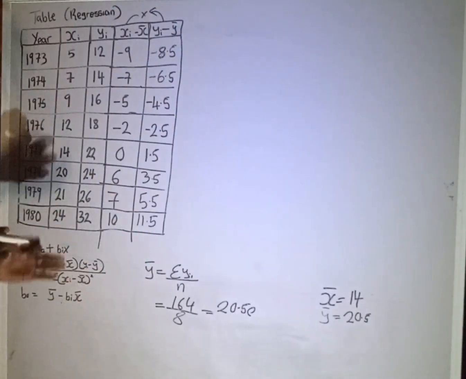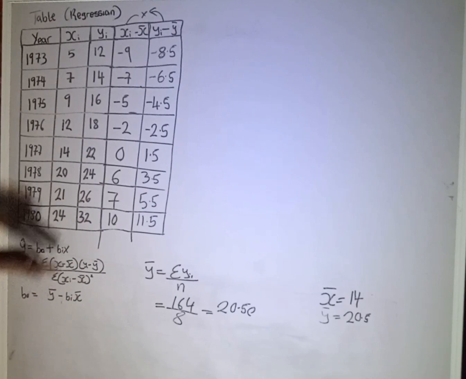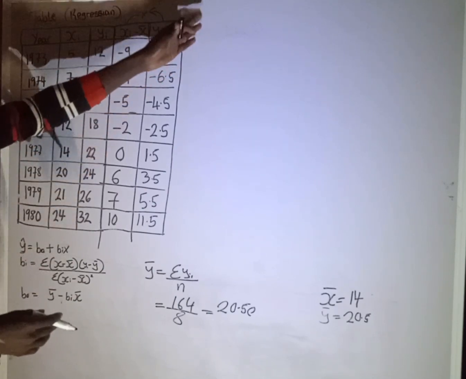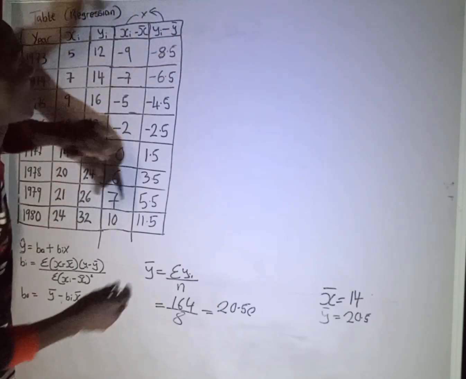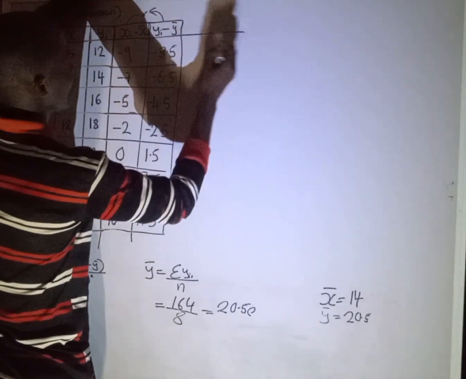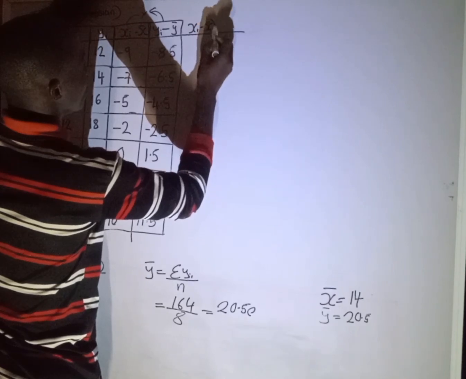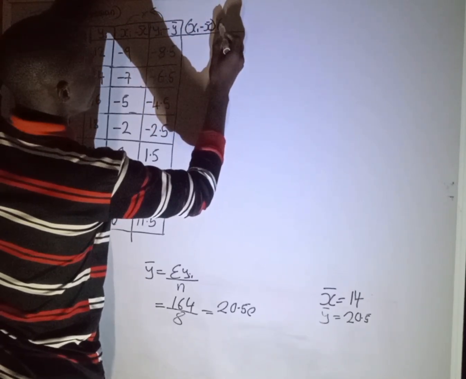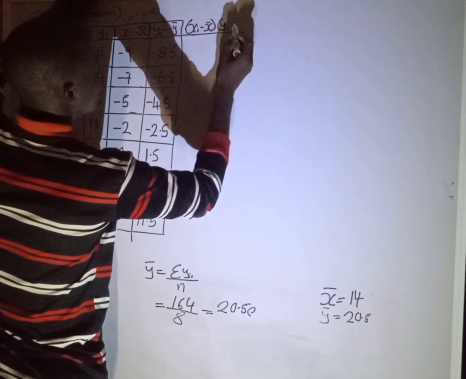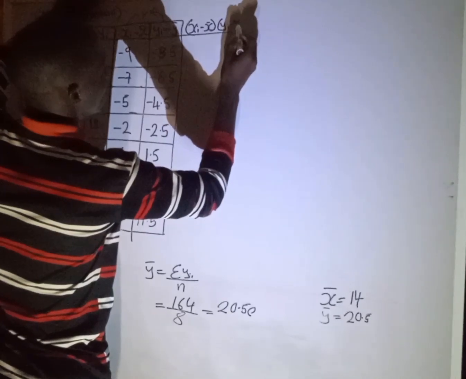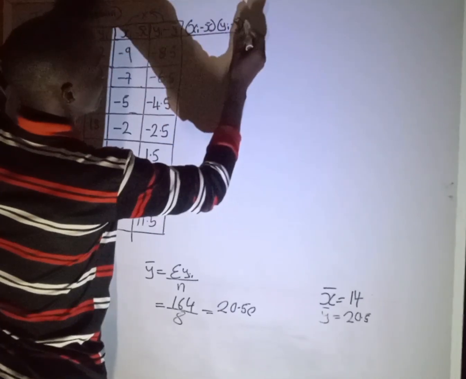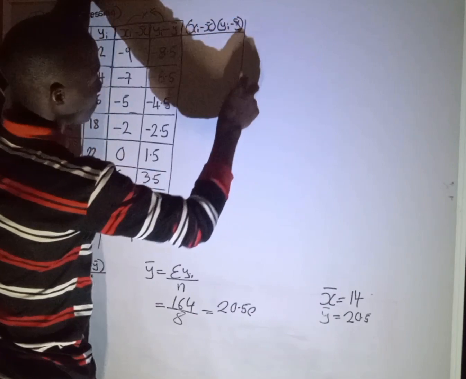Don't forget the formula itself will divide the column that I'm going to be having. So for the next one now, I'm going to be having this column xi minus x bar, then yi minus y bar, then the multiplication of this.